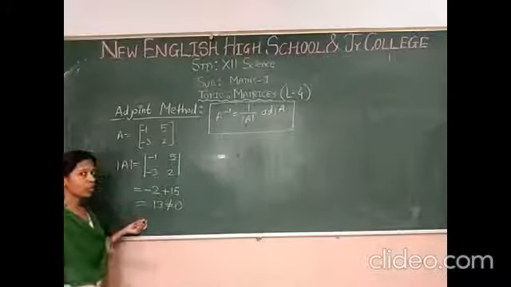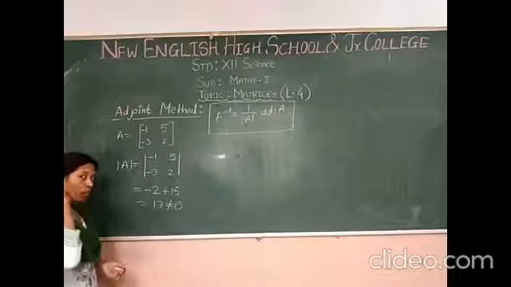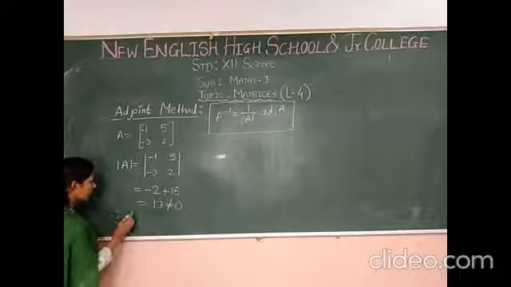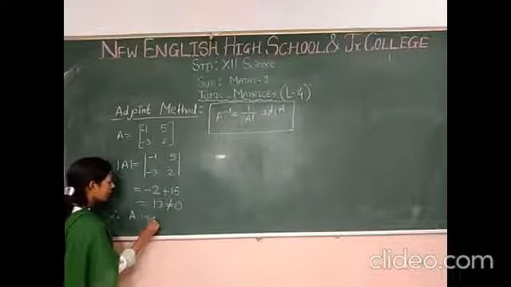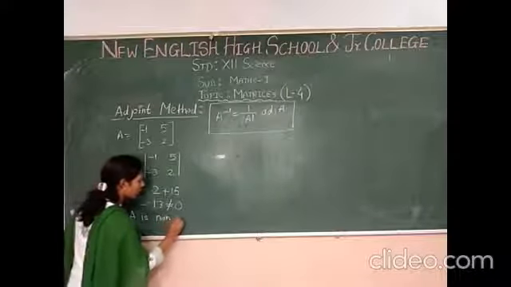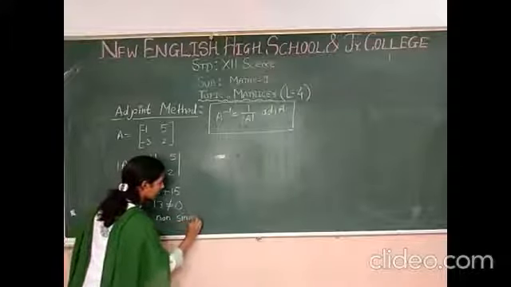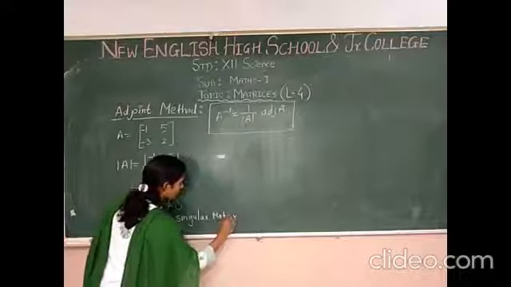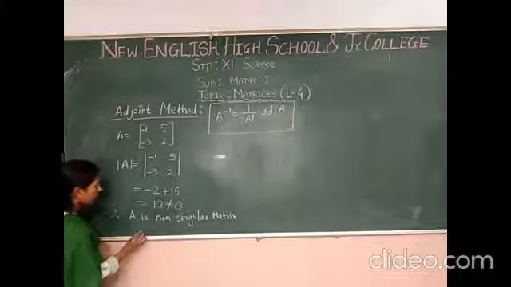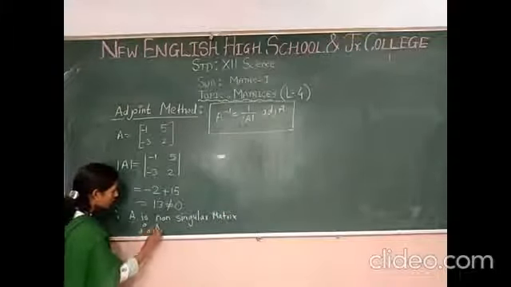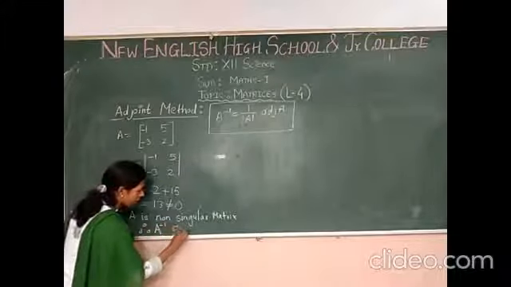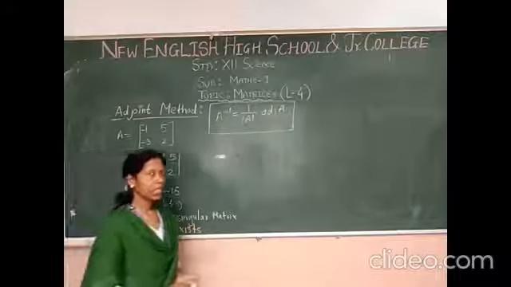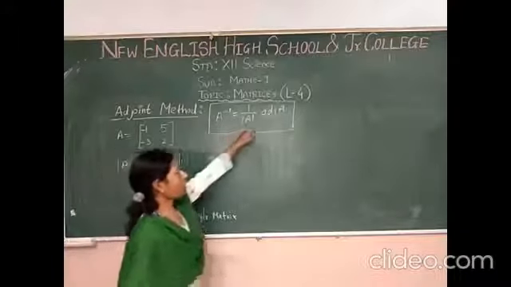This is a non-singular matrix. We have discussed this in the first lecture. Therefore, A is a non-singular matrix, and therefore we can say A inverse exists. Okay? Now my job is to find out its adjoint.